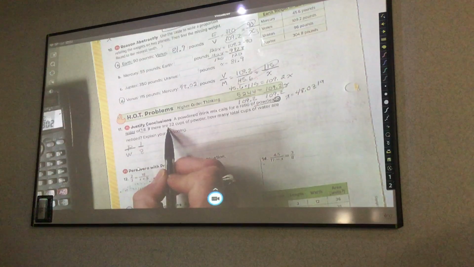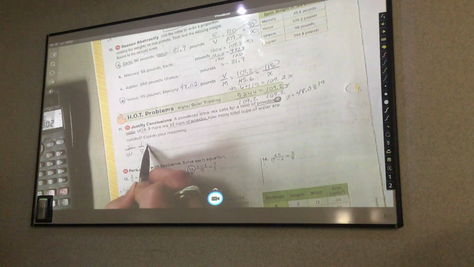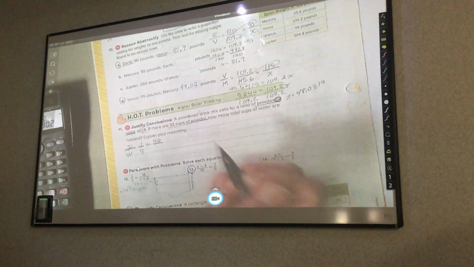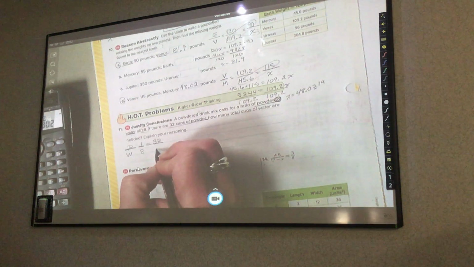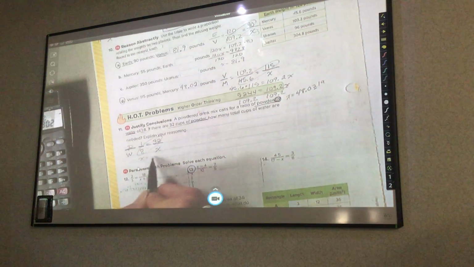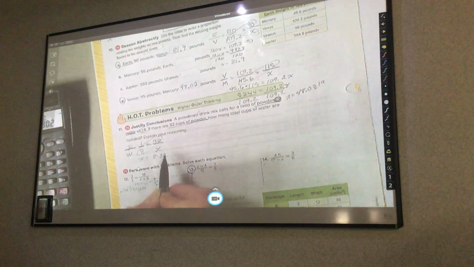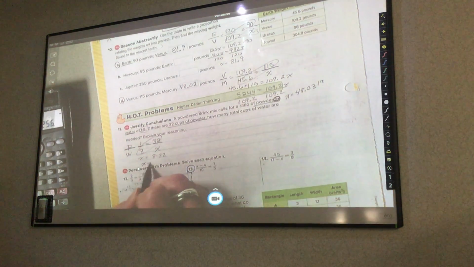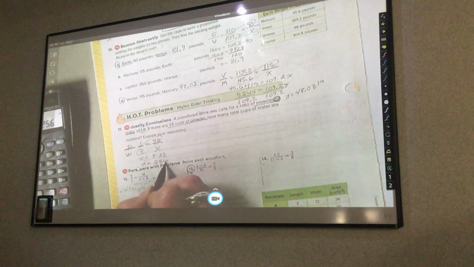If there are 32 cups of powder, where does the 32 go? Top. How many total cups of water are needed? What goes on the bottom? X. Cross product. So x equals 8 times 32. 32 times 8 in my calculator, x equals 256.